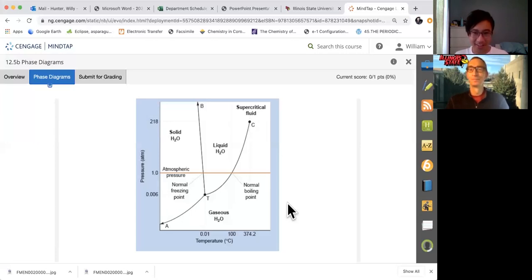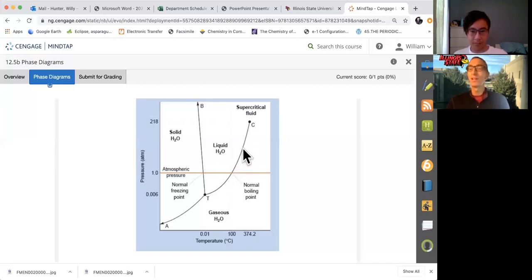Well, the thing that's interesting about this is that you would think that with a substance like that, if we increase the pressure, let's look at the boiling point.